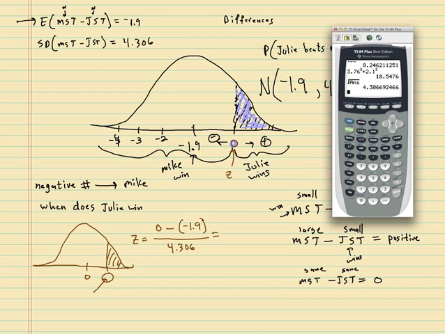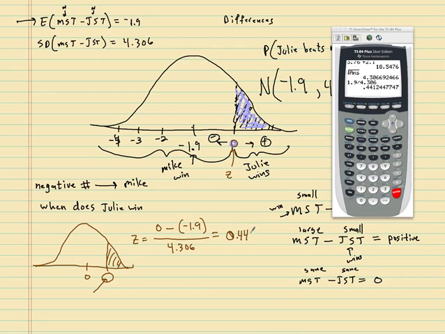A negative and negative is a positive, so 1.9 divided by 4.306. So this number here is 0.44124.